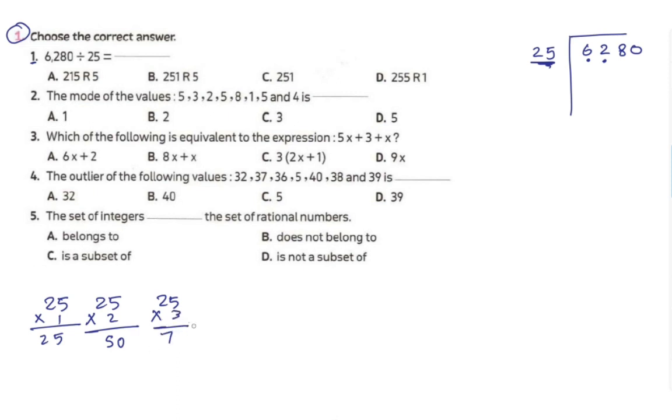Now, look with me. You have 62. 62 is in between 50 and 75, right?